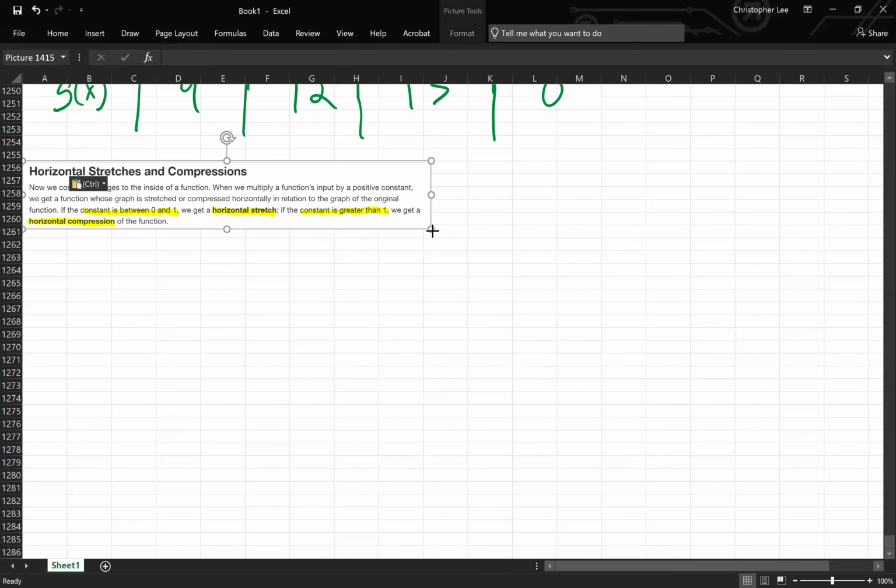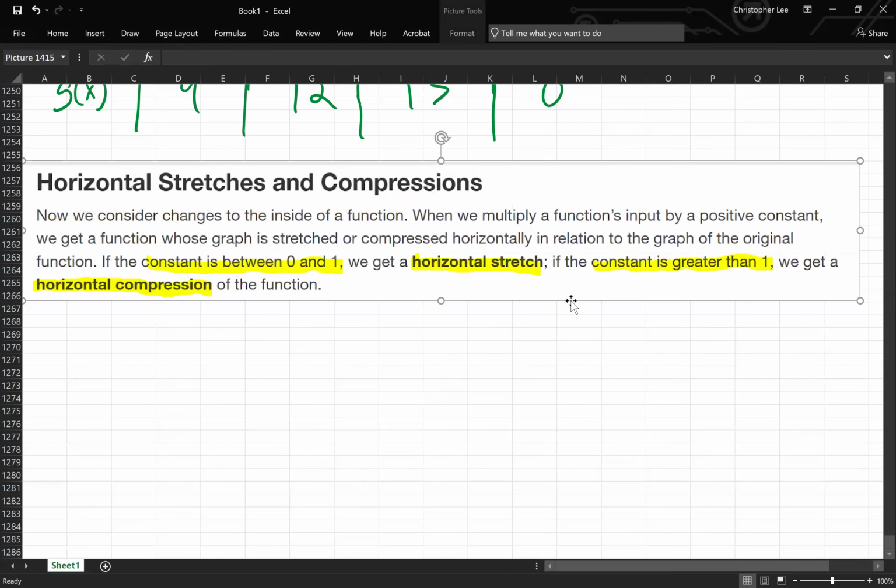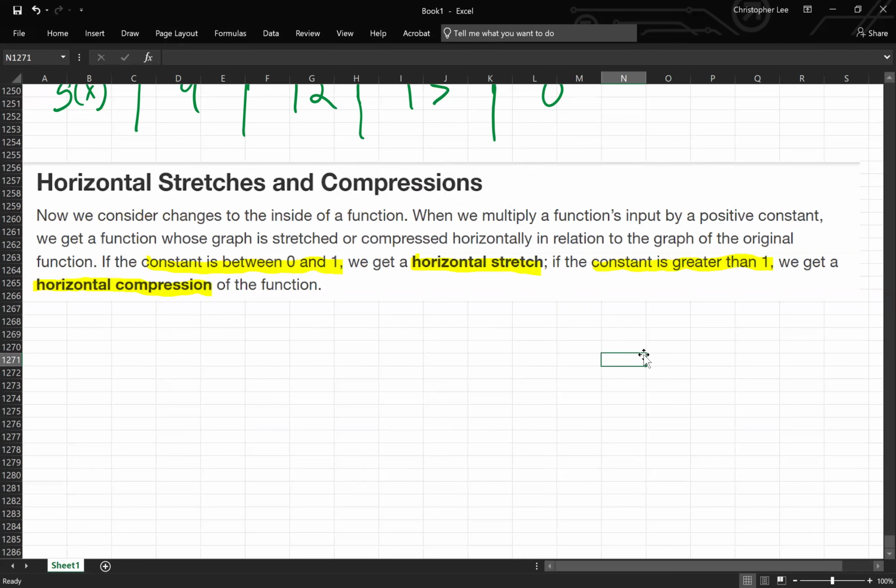All right. So horizontal stretches and compressions now. We just spoke about vertical. Let's talk about horizontal stretches and compressions now. So now we consider changes to the inside of a function. So when we multiply a function's input by a positive constant, we get a function whose graph is stretched or compressed horizontally in relation to the graph of the original function.